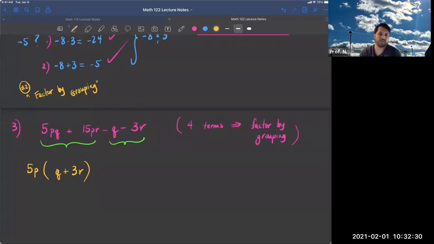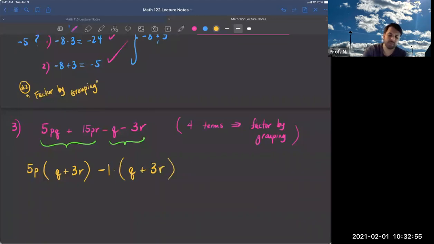Now, what about the second group? What can I factor from the second group? I got a minus q minus 3r, right? It's a negative one, guys. We factor out the negative one. So there's going to be a negative one, and this becomes positive q plus positive 3r.